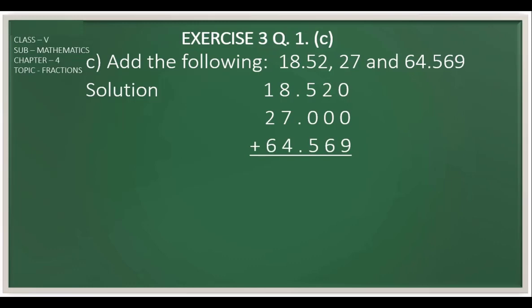After writing the numbers in such manner, we will add 0 wherever needed. At last, we will start adding just like we add whole numbers. Here, after adding, we got the answer as 110.089.